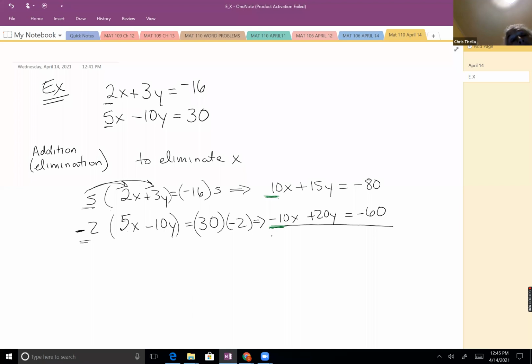So when I add, 10x plus negative 10x gives me 0x, and the x's are eliminated. I get 35y equals negative 140. Then to solve for y, we just divide by 35, and we get y equals negative 4.